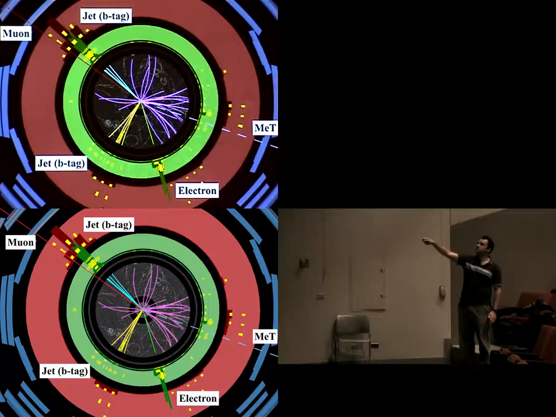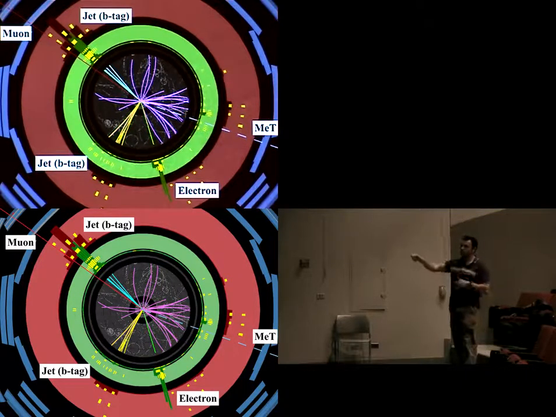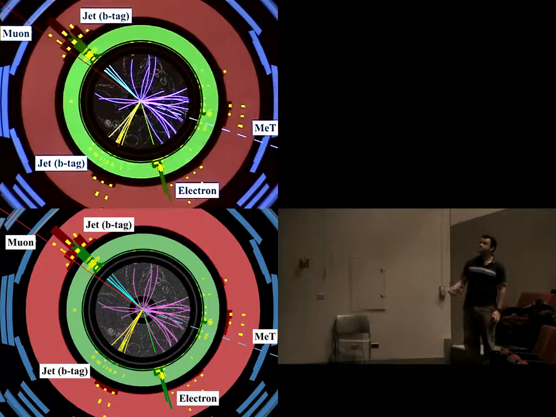The energy is telling us it's either an electron or a photon, and the fact that there's this track is telling us that it's an electron. Then we can go here. This is a muon. You can't really see it well, but there's a track in here, and it goes all the way through, and it's observed out here as well. So that's a sign that there was a muon in the event.